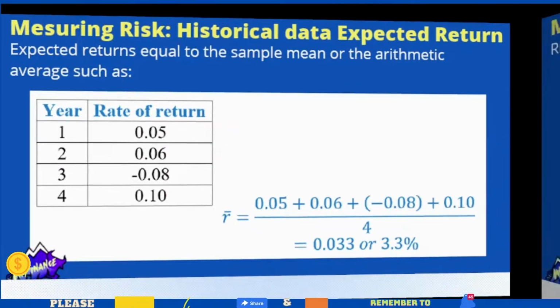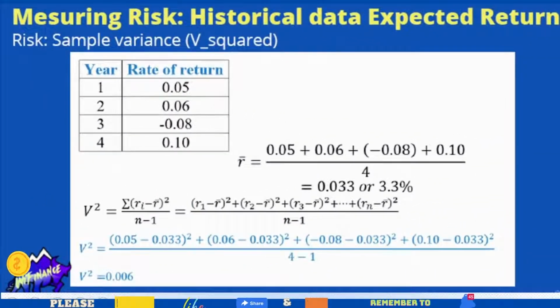How about risk? Well, we can use the same distribution as I explained earlier to measure how much risk you are exposed to by using the variance and the standard deviation. The definition of variance means that we are going to subtract the mean from each of the possible returns.